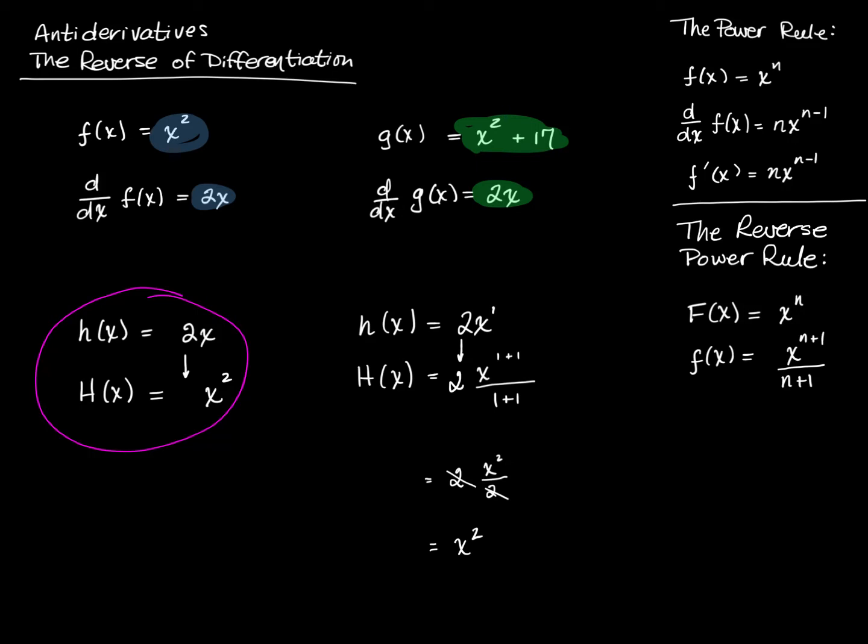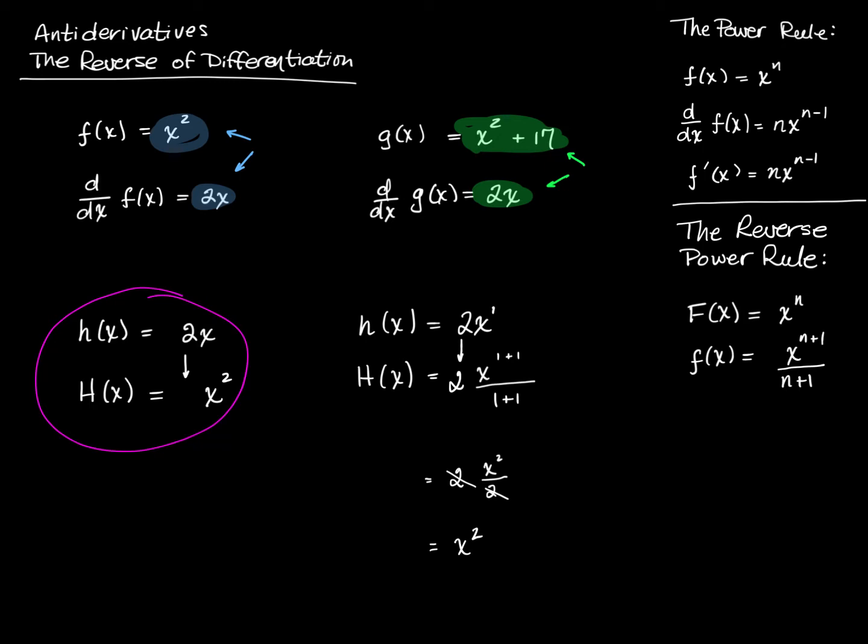We know that x squared is one. We know that x squared plus 17 is another. In fact, another antiderivative of 2x is x squared plus 1. Another one is x squared plus 13, or x squared plus the square root of 3. You can add any constant to x squared, and when you take its derivative, you'll get 2x.